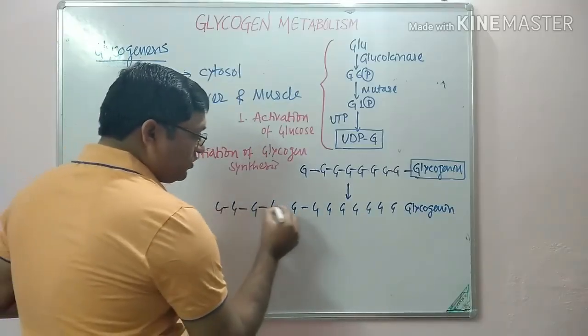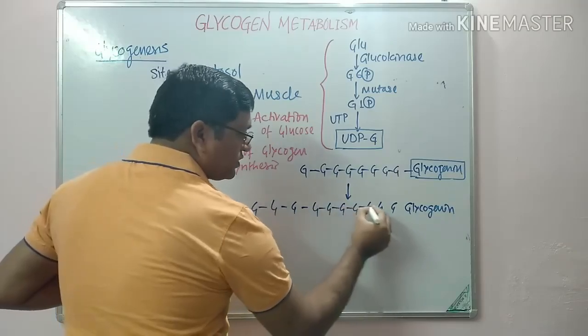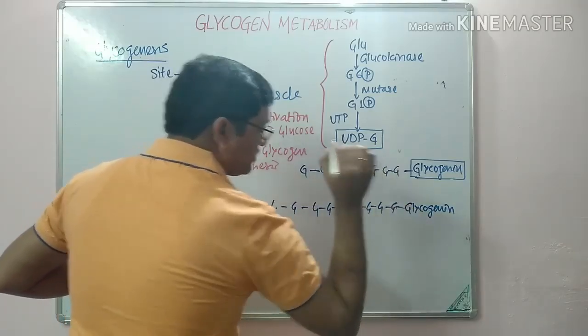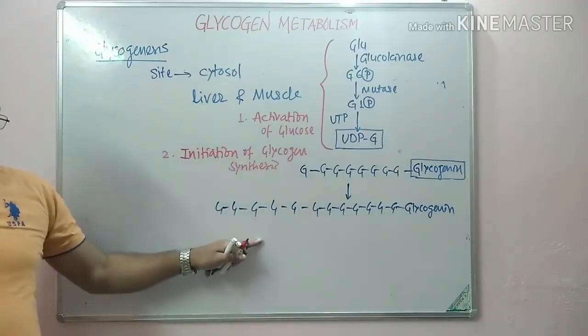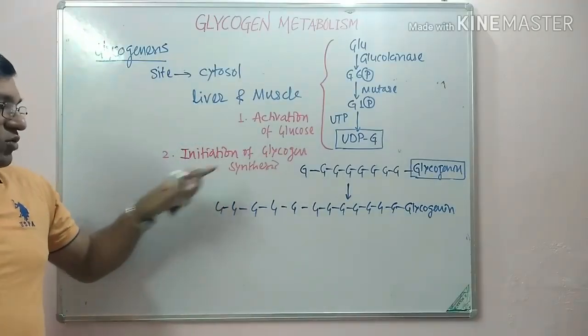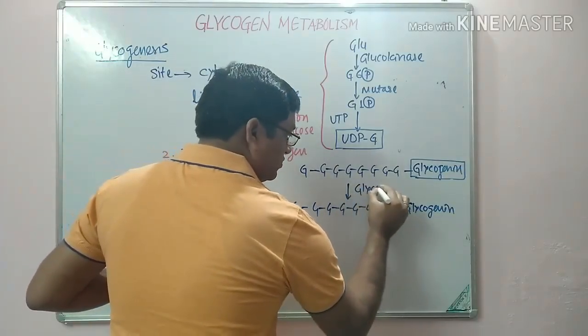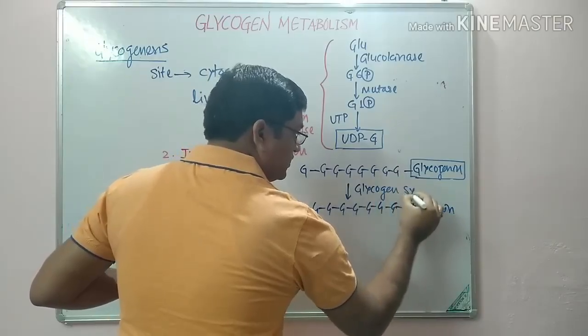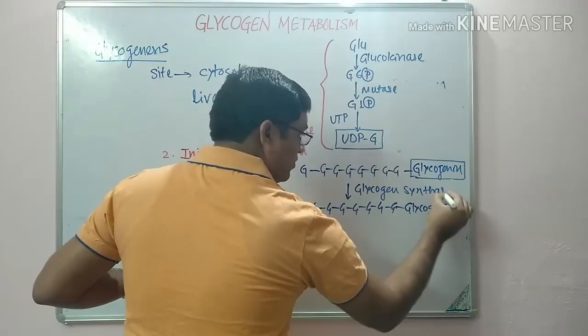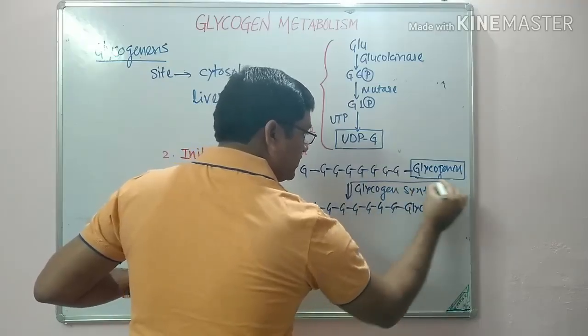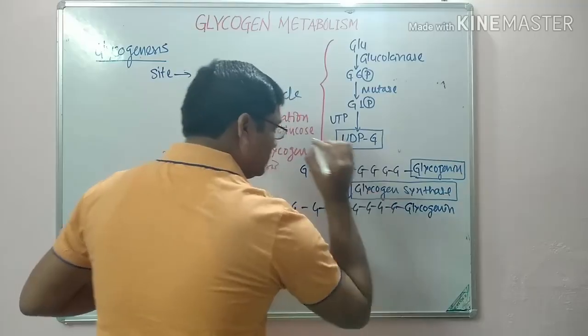Near about 11 to 12 glucose molecules get attached to the glycogenin by the action of glycogen synthase. This is the key enzyme in glycogen synthesis, glycogen synthase.